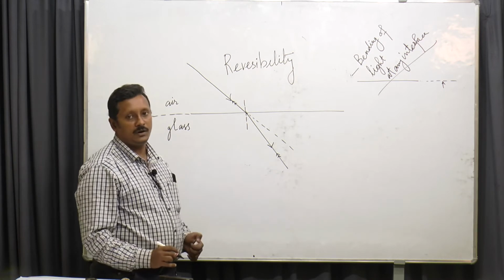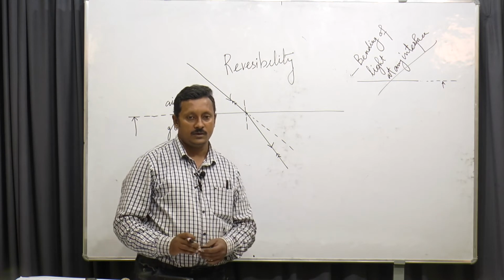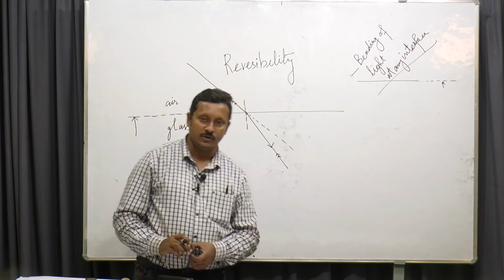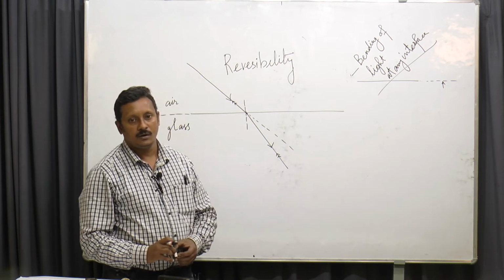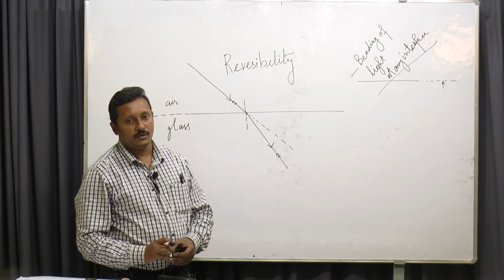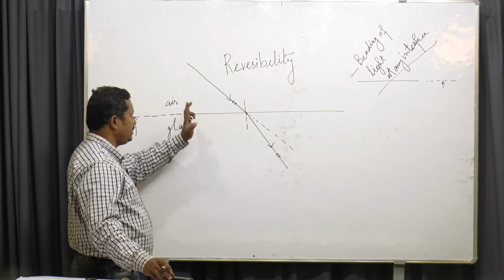Retraceability or reversibility, whatever you call it. So in case of reflection also, in a mirror also, you can have the reversibility of light. And also for refraction you will have this reversibility. This is very easy.